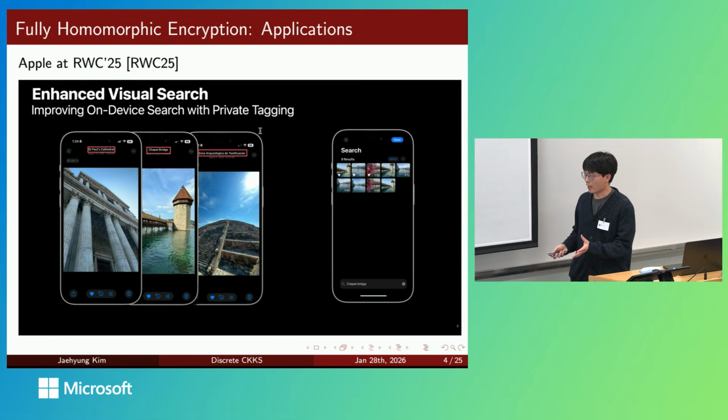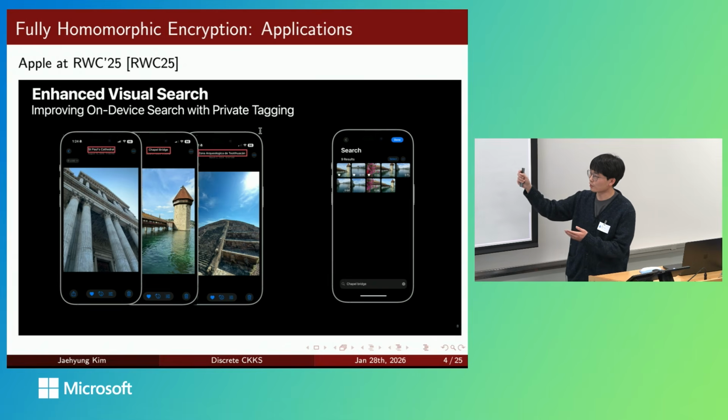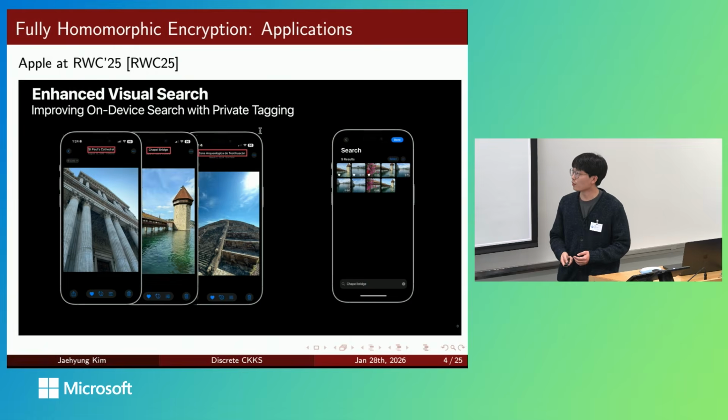Then Apple uses FHE to not look into your photo, but they get the encryption of these photos. I mean, actually the encryption of the embedding of these photos, and then they identify landmarks in encrypted form and send the result back to the client. The user can actually see that, for instance, oh, there's a famous building there, and so on. So this is one example.